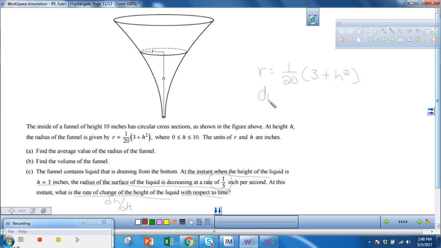So dr dt, because we're taking the derivative with respect to t, would be that 1 over 20 stays the same because it's a constant. The derivative of 3 is 0, so this would be 2h dh dt. And you have everything you need to know. dr dt is negative because it's decreasing.